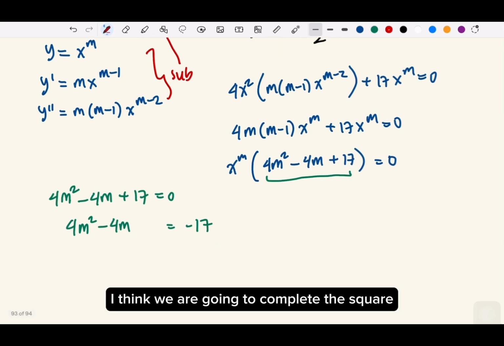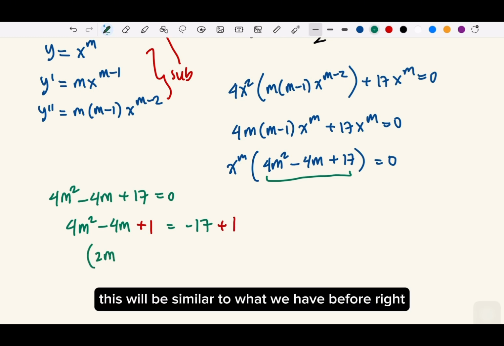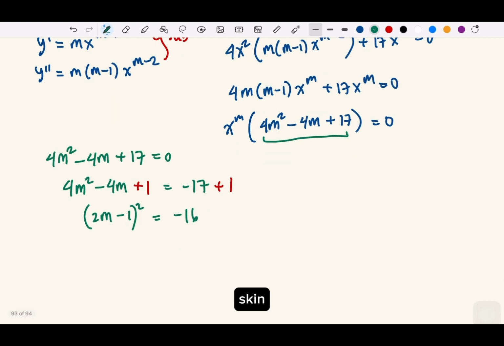I think we are going to complete the square, just plus 1, plus 1. This will be similar to what we have before, right? So 2m minus 1, squared, equals negative 16.